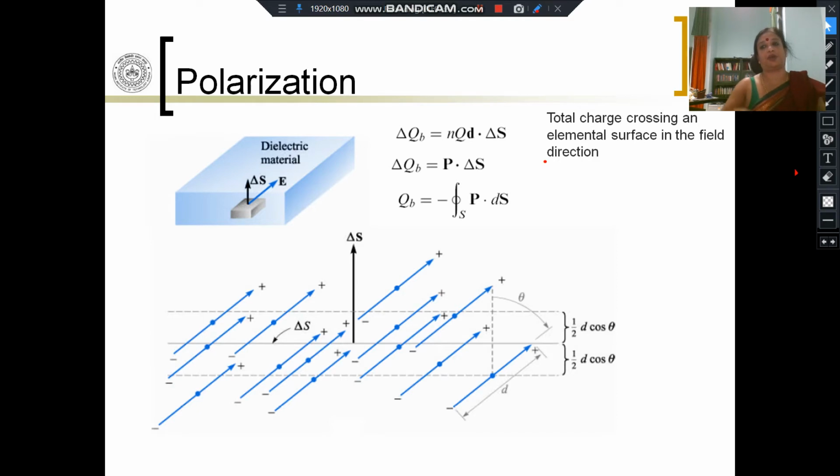Similarly, you can think about a polarization flux density, a polarization vector, and the surface integral of the polarization vector crossing that surface would be equal to the total bound charge that is enclosed by this surface. Remember, the polarization happens in a direction which is opposite to that of the external field. So therefore, QB is equal to minus the surface integral of P dot dS.